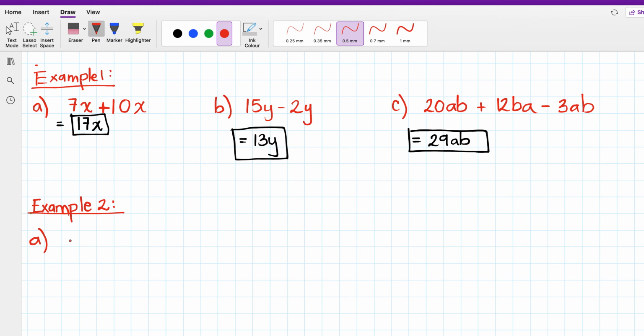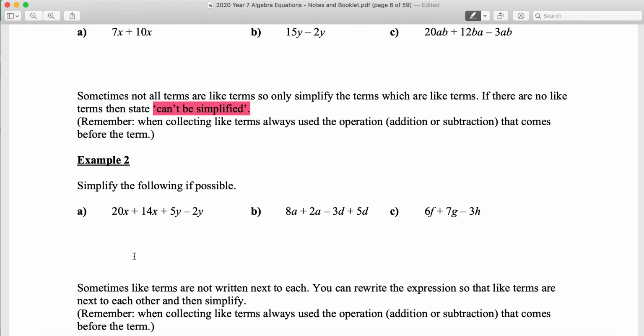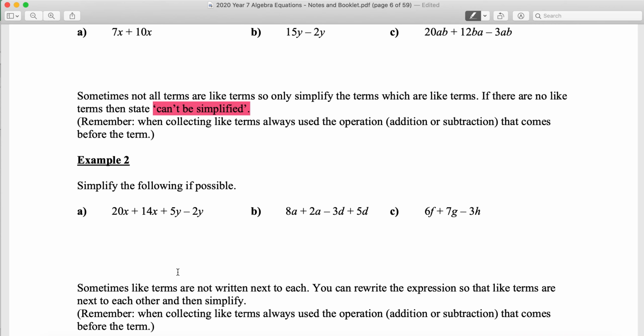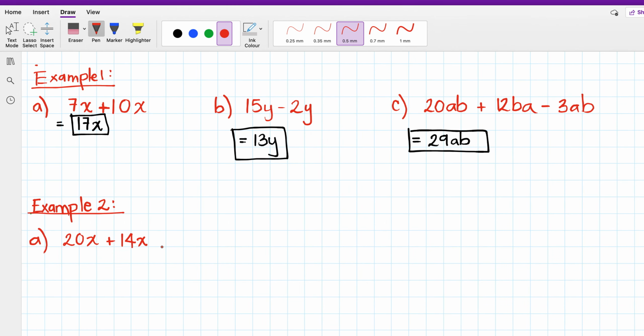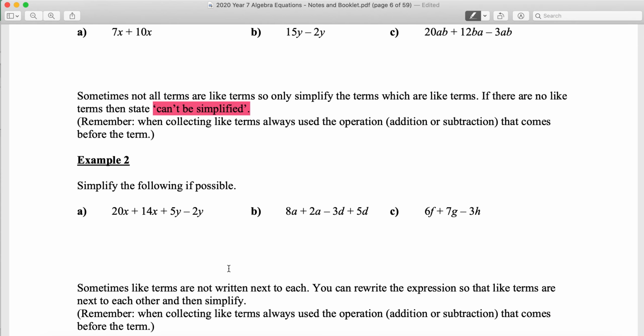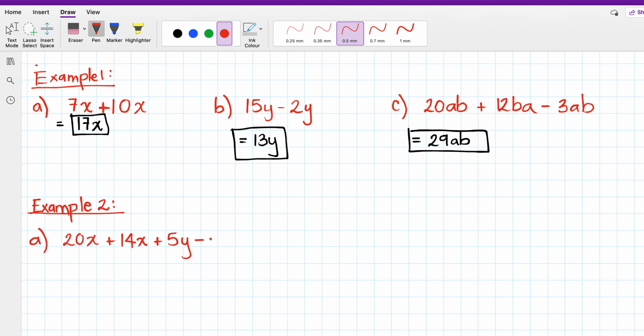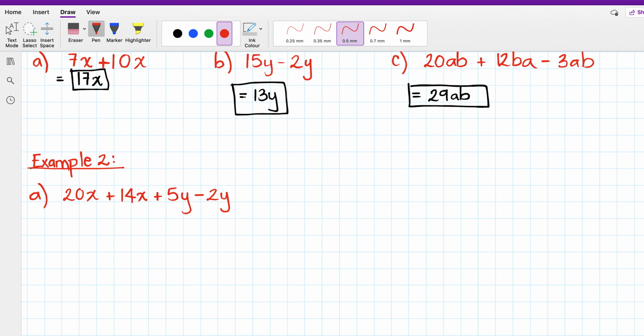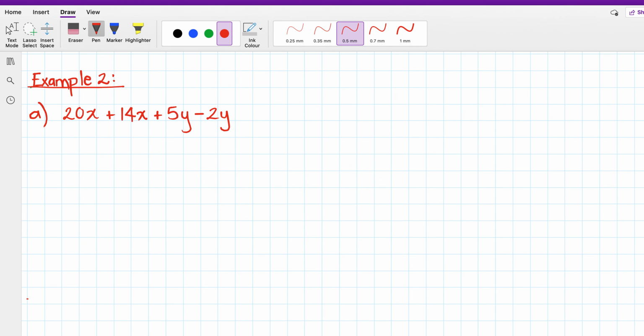So 20x plus 14x plus 5y take away 2y. Okay, I suggest that when you're collecting like terms, you use color pencils, okay?